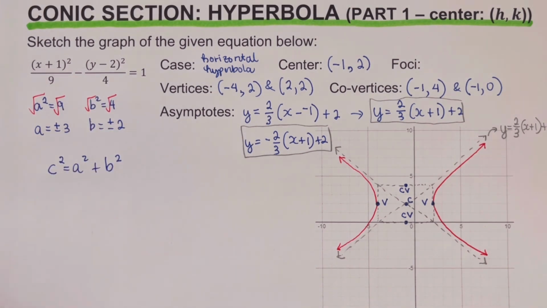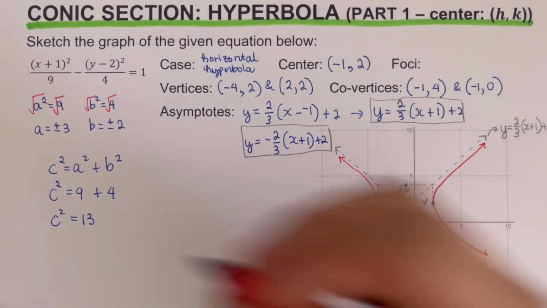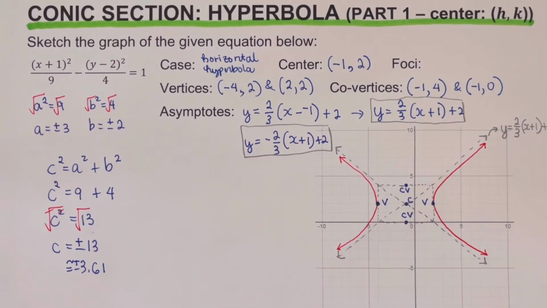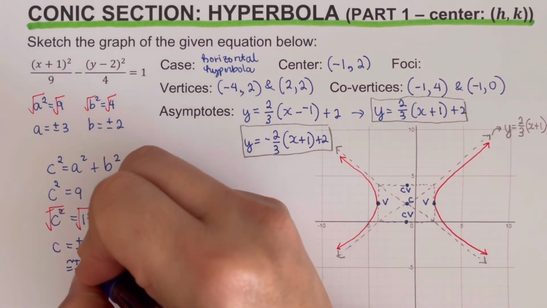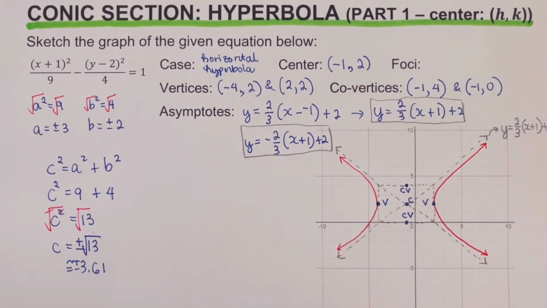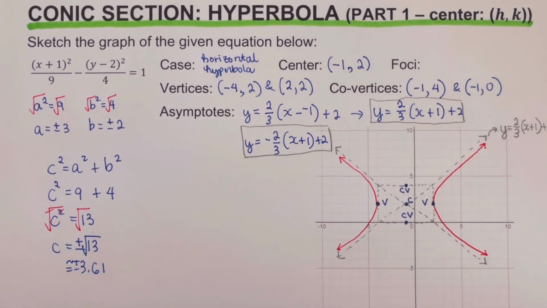So I'm going to go ahead and solve for c. This tells us that the two foci are located plus or minus square root of 13, which is approximately 3.61. So this tells us that the two foci are located 3.61 units from the center.